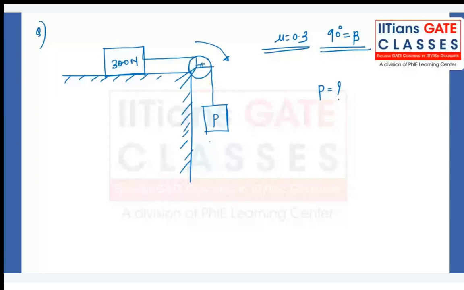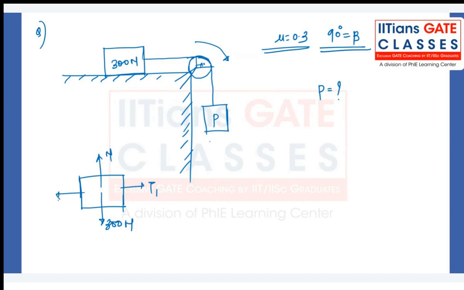Okay, so let's draw the free body diagram of both the blocks. First block: 300 Newton. It will have a normal reaction. We got a tension T1, or let's call it T2 here because it's moving.